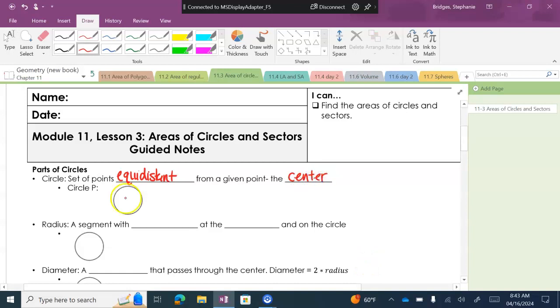We always identify the center by putting a little dot in the middle, and a circle is named after its center.